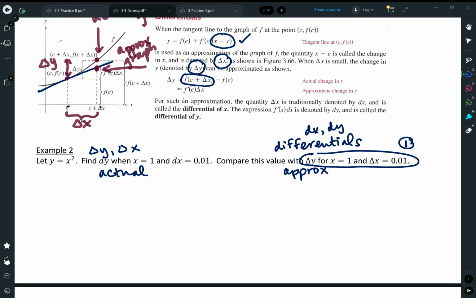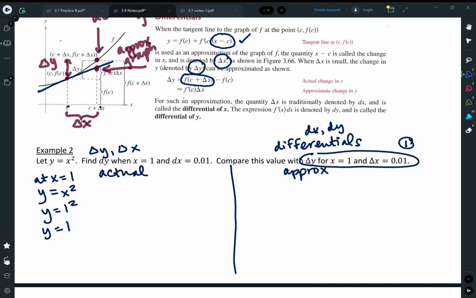Okay, so if I'm looking at my actual and I want to see what my change in y is, that's what delta y is. First I would look at what's happening at x equals 1. I have y equals x squared, which is y equals 1 squared, which is y equals 1.